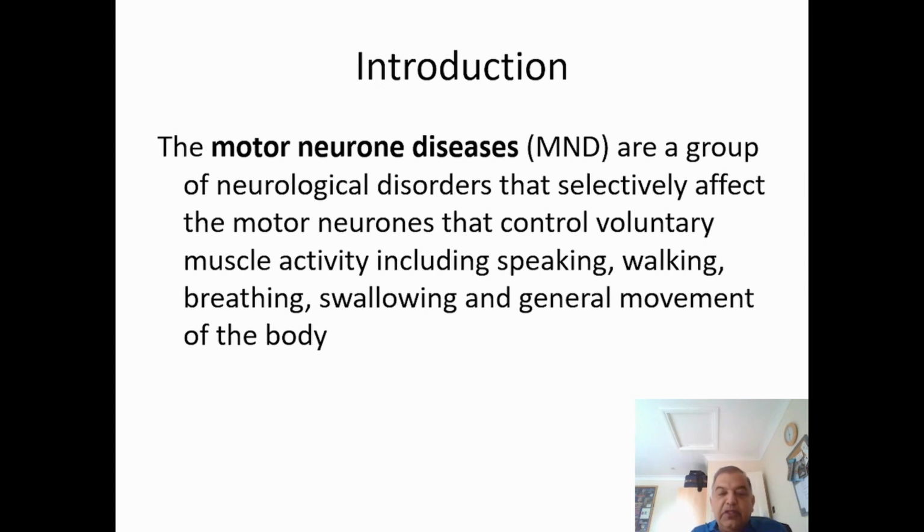It's a group of neurological disorders that affect the motor neurons of the anterior horn cell, and these are the outflow for the motor system from the spinal cord, and control voluntary motor activity, which includes outflow to the cranial nerves, subserving motor function, and can involve speaking, breathing, swallowing, and generalize through the body where the motor system is involved.